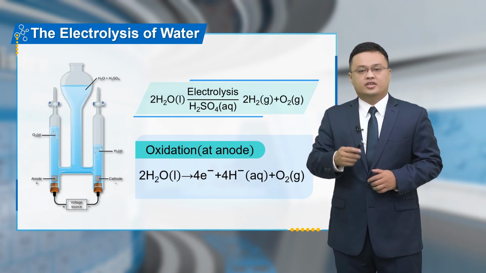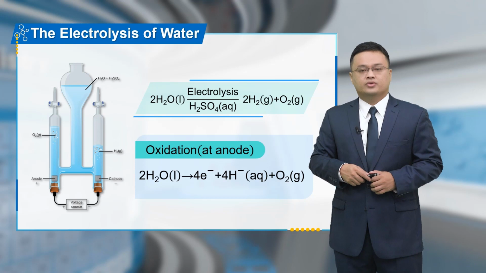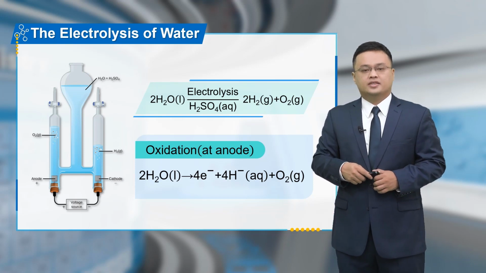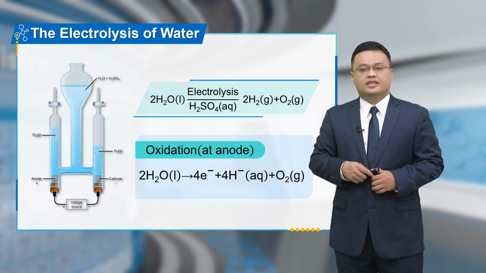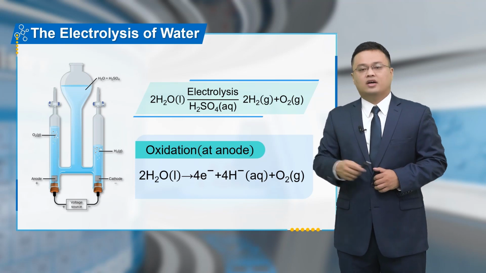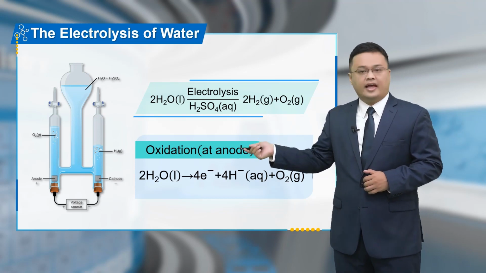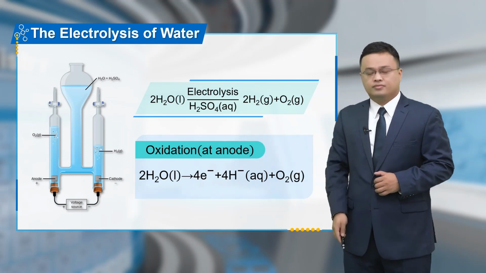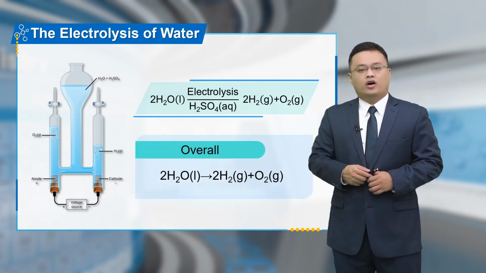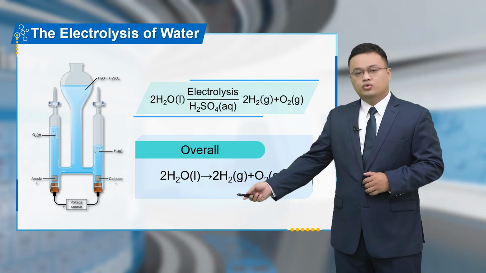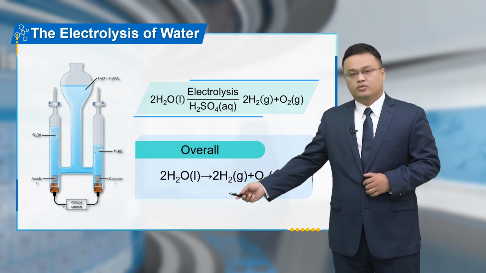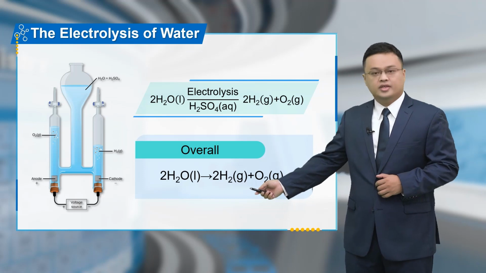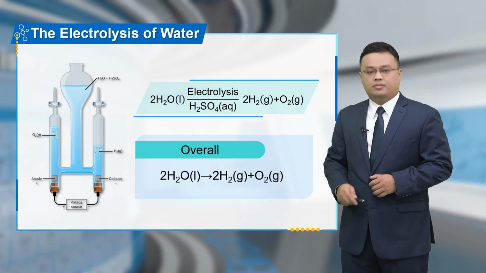Instead, a reaction occurs in which water molecules decompose to replace the hydrogen ion lost at the cathode and release oxygen gas. This is the oxidation that occurs at the anode. Therefore, the overall reaction is this: 2 water molecules decompose to form 2 hydrogen molecules and 1 oxygen molecule.